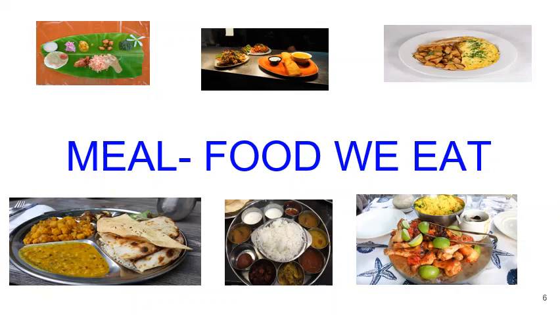It contains so many dishes: rice, then 1, 2, 3 types of dal items, and one sabji, second sabji, and third is sweet, dahi, and another dahi item, some pickles. All these we take. Here is another item, a non-vegetarian food item.